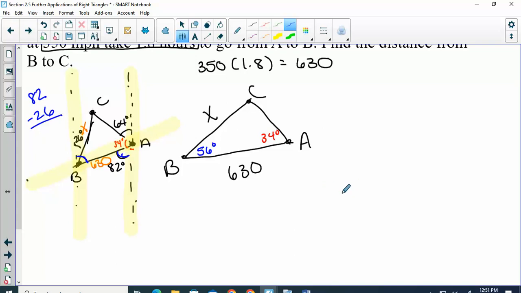Where did we get the 34 from? We did 180 minus 64 because these two together made up the straight. Where did we get the 64? But you also subtract off the 82. This is a straight.